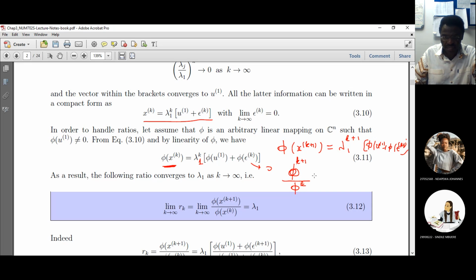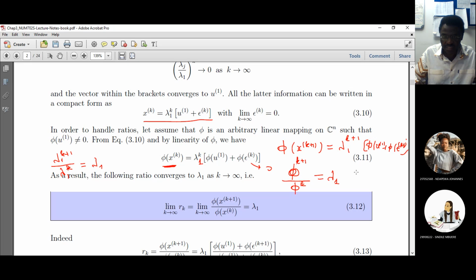Now, if I divide, you agree with me that this will be divided by this. So I will have lambda 1 to the k plus 1 divided by lambda 1 to the k, which is lambda 1. This is the factor. So here I have lambda 1. Now for the inner part, I will have this ratio.